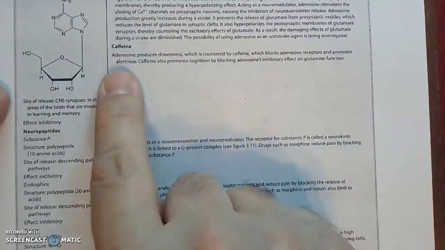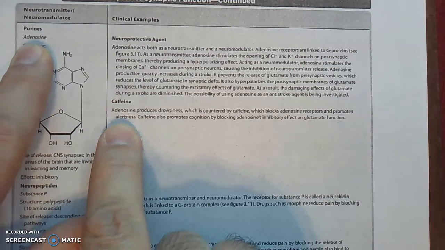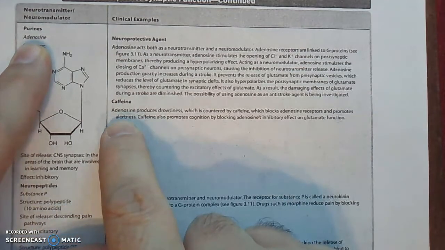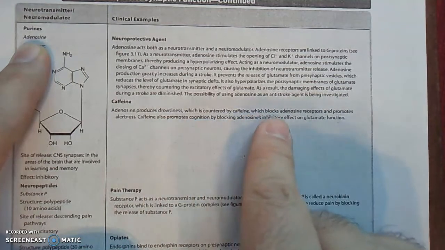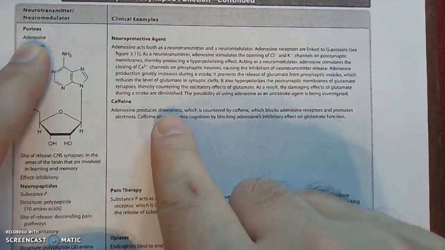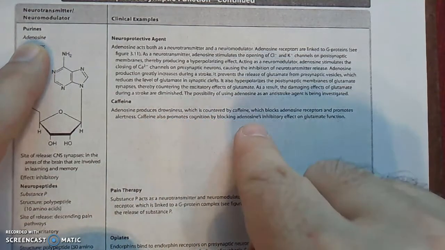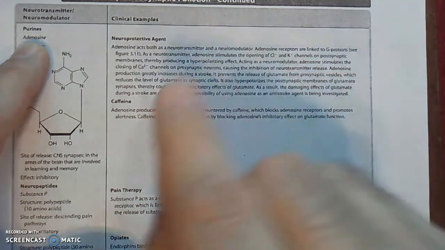We have caffeine, which affects adenosine. Adenosine produces drowsiness, which is countered by caffeine, which blocks adenosine receptors and promotes alertness. It also promotes cognition by blocking adenosine's inhibitory effect on glutamate function.